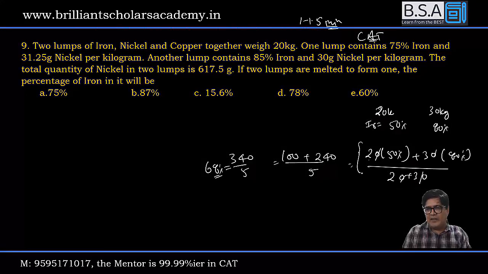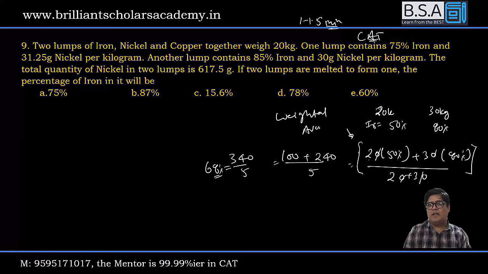This way of calculation is called weighted average. Whenever combining two percentages, be it profit, loss, iron, alcohol, milk, water, you apply weighted averages. Copy this down. We have a complete chapter on this later on.